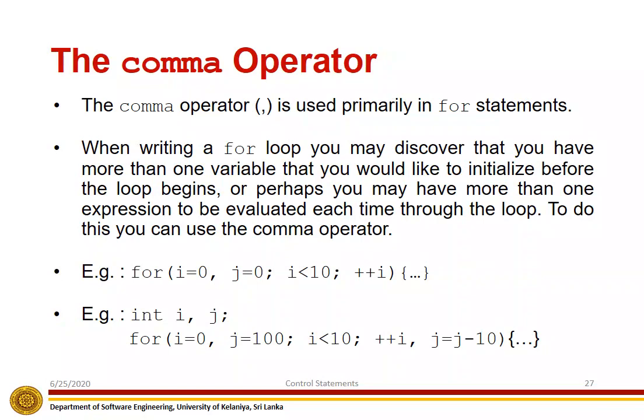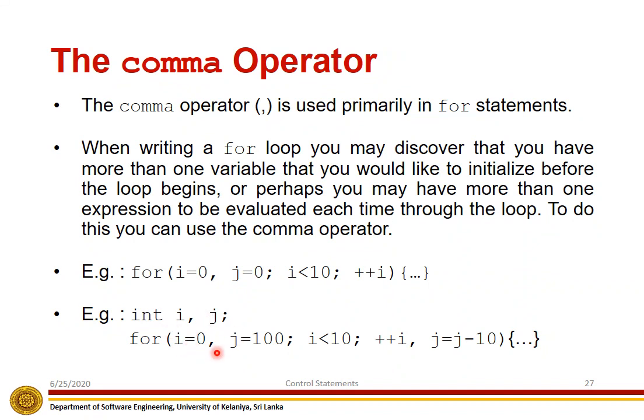And in the slide you can see two examples. In the first one I have used i equals 0 comma j equals 0 for the initialization expression. So I have used a comma to separate those two, and then the loop condition and update expression. In the next one I have declared the variables first, int i comma j.